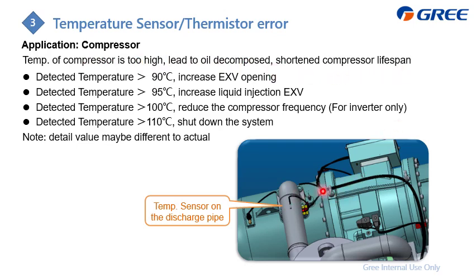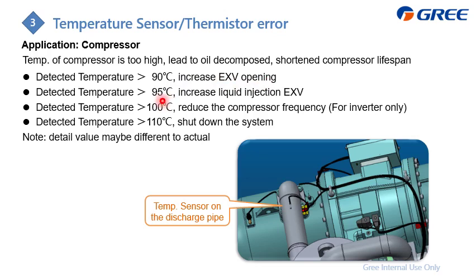On the system, especially at the compressor discharge, which is the hottest point, we put the temperature sensor on the discharge pipe here. Based on the temperature in the control logic, when the detected temperature is higher than, for example, 90 degrees, we increase the EXV opening to let more refrigerant flow back to the compressor to cool it down.